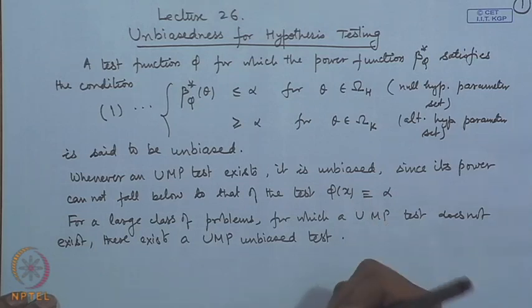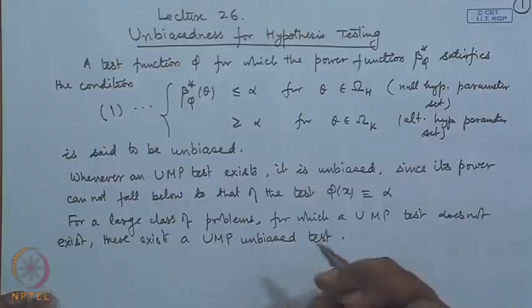So, we may consider theta less than or equal to theta naught, theta equal to theta naught against theta not equal to theta naught, and also the cases of the nuisance parameters. In many of these cases, we will be actually demonstrating the existence of the UMP unbiased test.